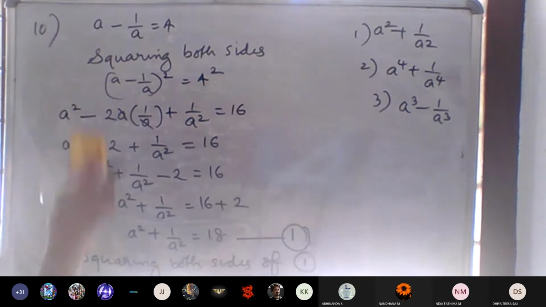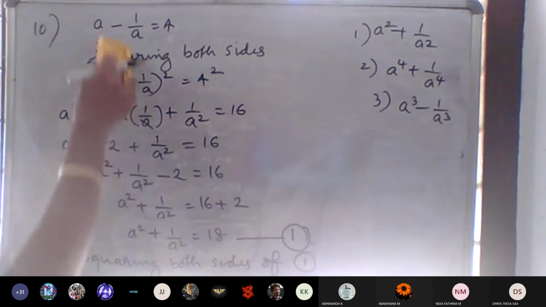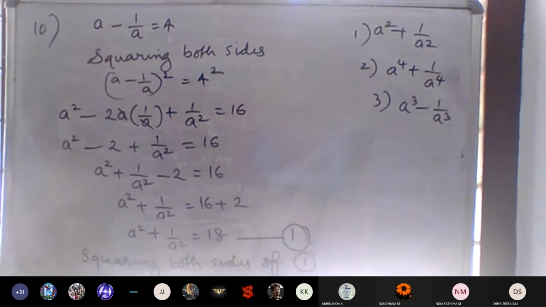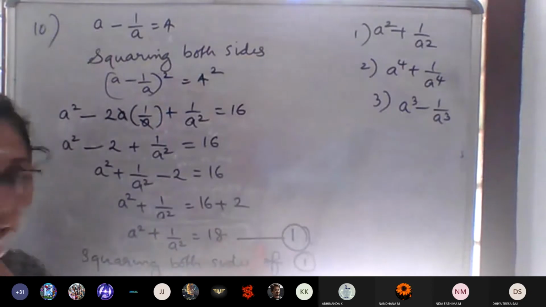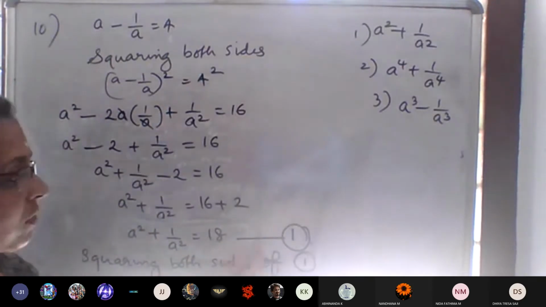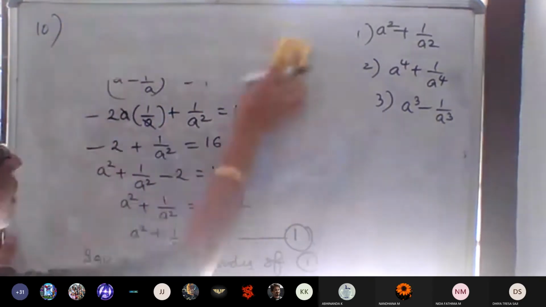While studying, you will wonder why we are squaring again and again. So, squaring both sides of equation 1, this is our equation 1. So next step, what can we write?